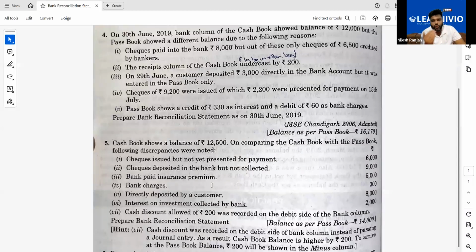When we issue a check, we enter it in the cash book. The cash book is decreased because we are issuing a check to someone to withdraw the money. The passbook remains the same. So we have to increase our cash book. Yes, it will be on the add side.